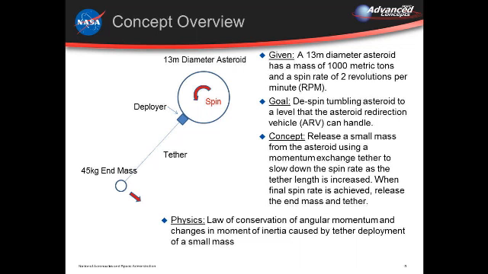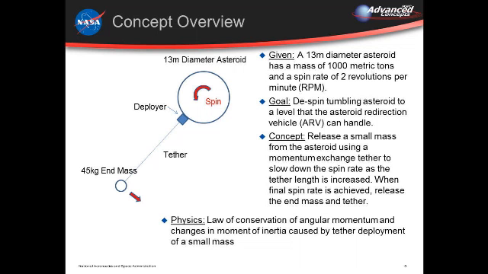Okay, and so the goal is to de-spin the tumbling asteroid to a level that the asteroid redirect vehicle can handle. On this chart, I call that a mothership, but to take the load off of that vehicle, to dissipate that energy that's in the spin.